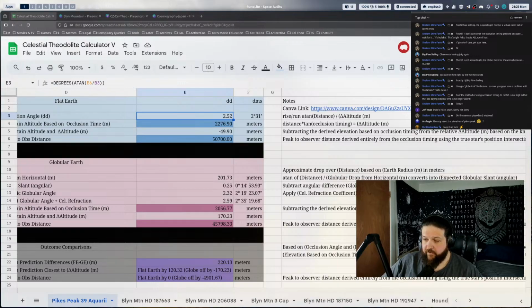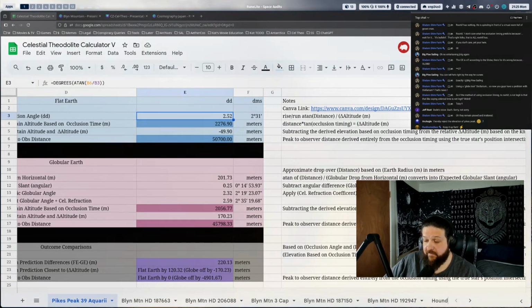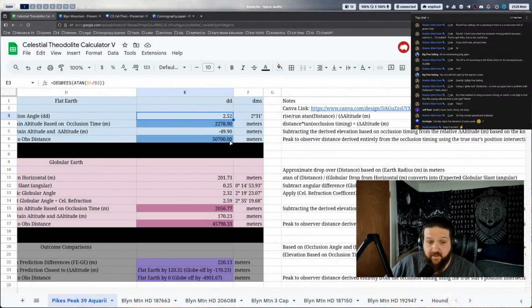Well, the optical angle aspect of it is irrelevant, right? If you were to get your theodolite out and measure Pikes Peak to observer location, 50,000 meters, it would be 2.19 degrees, and we don't dispute the optical measurement of it. What had happened is Mike bought an antique theodolite, measured it, and got a value of 231 with it, and then everyone freaked out and said, "No, you're using an antique one.